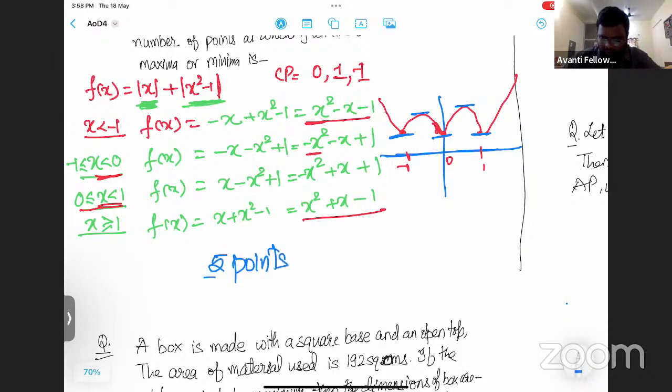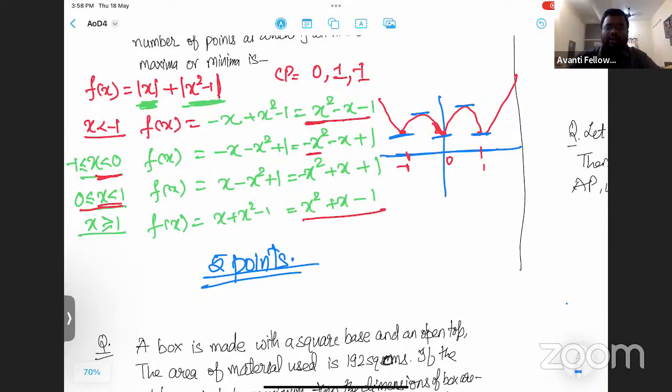See, if you go by the differentiation method, you will get the answer. But I guess that will be a little lengthy process as compared to drawing the graph, because here the graphs are very simple. We need to draw the qualitative graphs only to assess whether we're getting maximum or minimum.